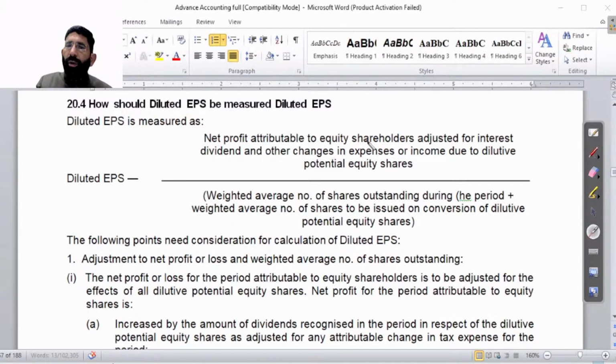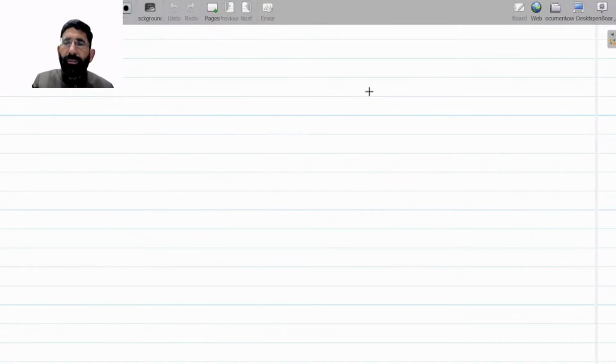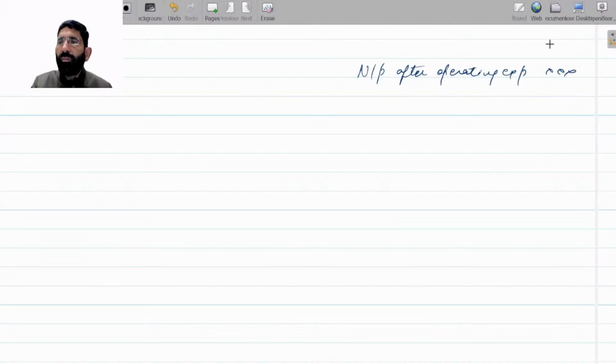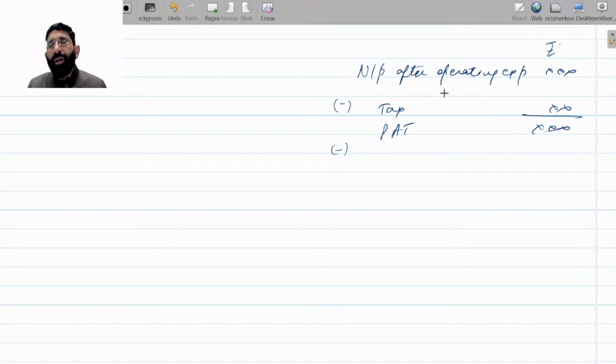So we have already discussed in our previous lecture what it meant for. This is net profit after operating expenses, less tax, that is profit after tax has resulted, less after operating expenses and even interest, etc., whatever it is, less preference dividend.